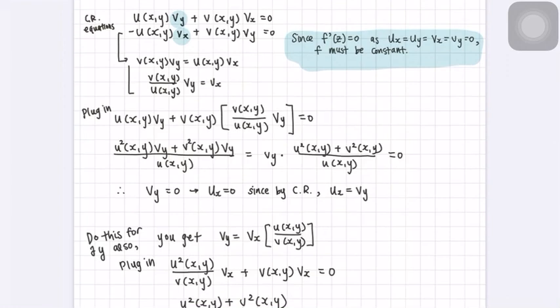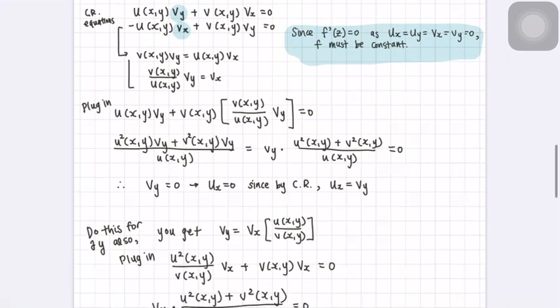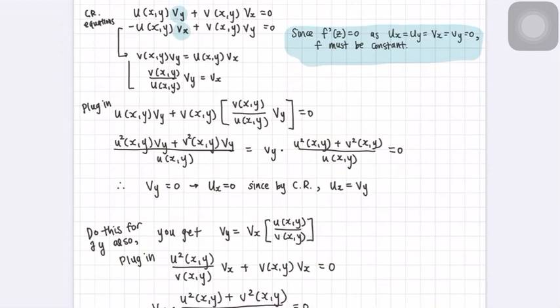That is u(x,y) times vy plus v(x,y) times vx equals 0. And you plug that in, and then you get u times vy plus v times (v over u times vy), which is vx, equals 0.